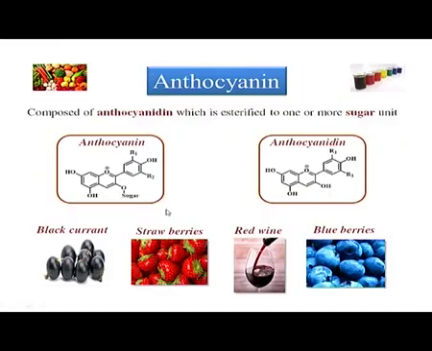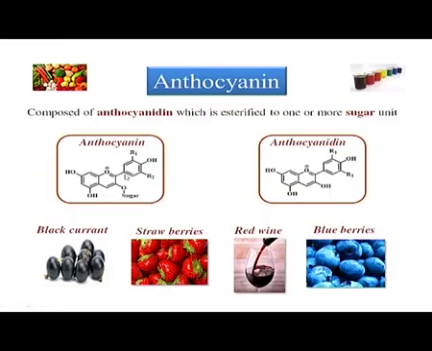Now, with extended conjugation, the difference between the filled orbitals of these molecules and unfilled orbitals starts to become lesser and lesser, and there is a point that it becomes so small that a small frequency, a small energy photon coming from photo irradiation, is enough to make that electron jump from a filled orbital to an unfilled orbital. It means it has started to absorb radiation, and through absorption it will give you a certain color. So, that is the reason why you need extended conjugation in molecules in order for them to behave as colored.